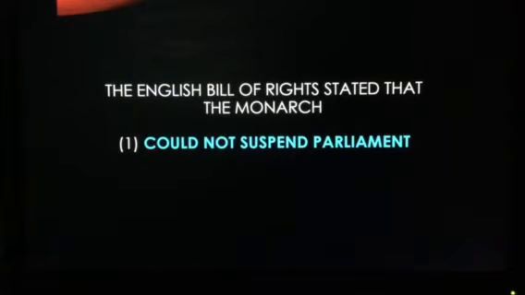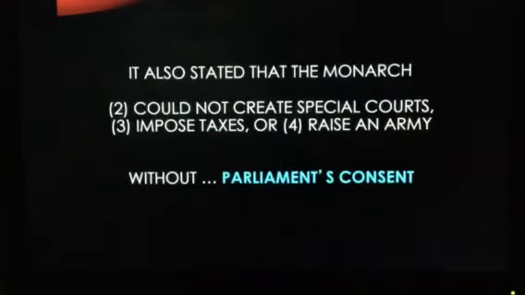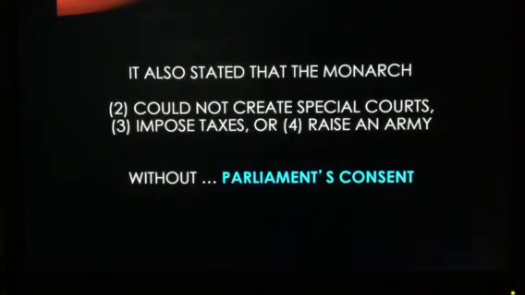Charles I, for example, had suspended Parliament previously to the English Civil War. The English Bill of Rights stated that the monarch, two, could not create special courts. I believe it was Charles I who had the infamous Star Courts in English history.